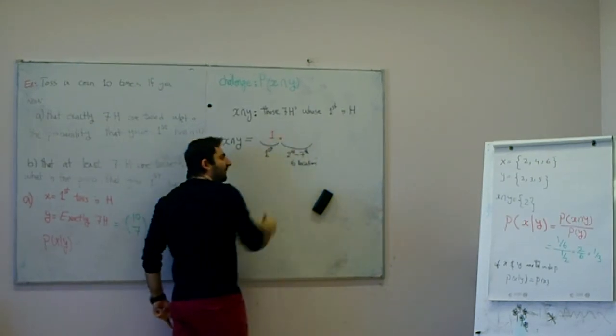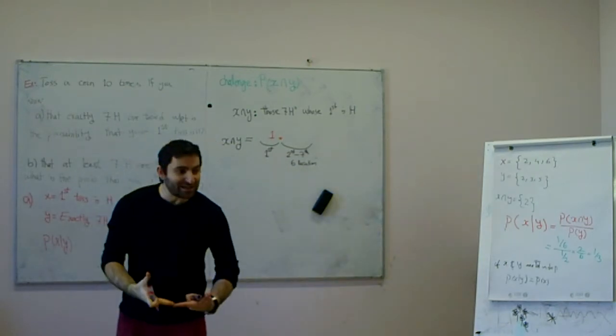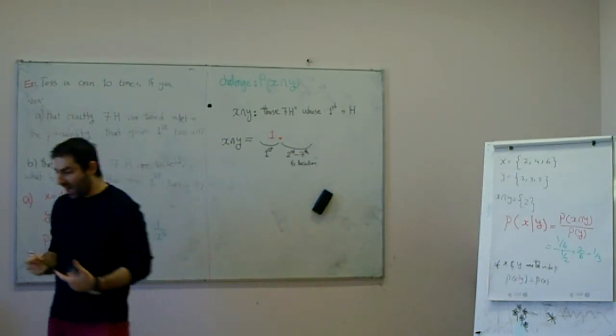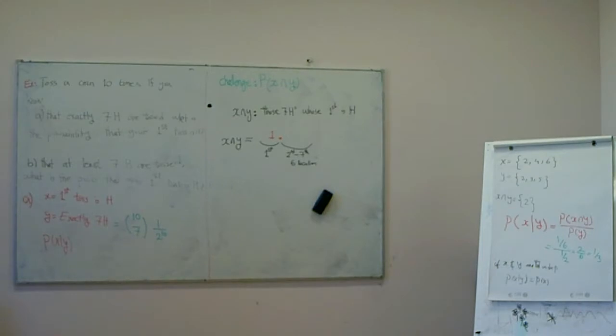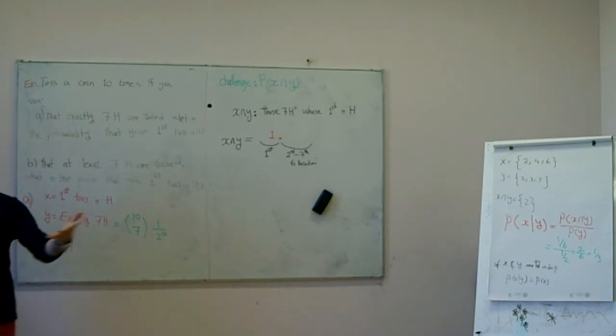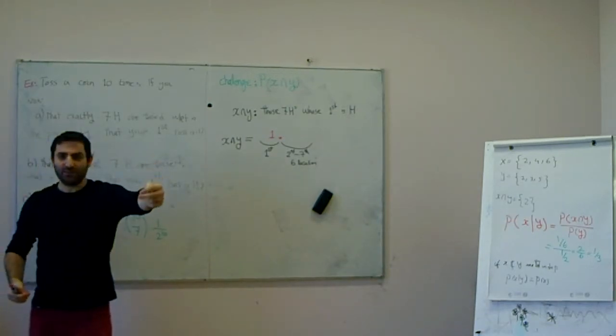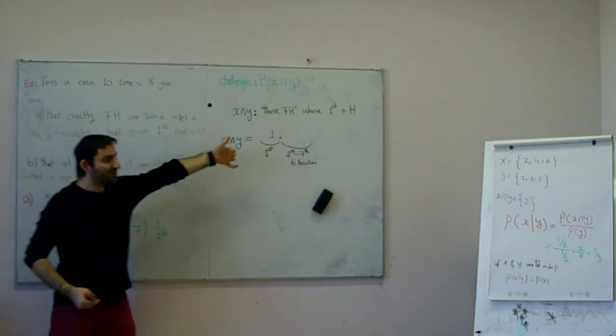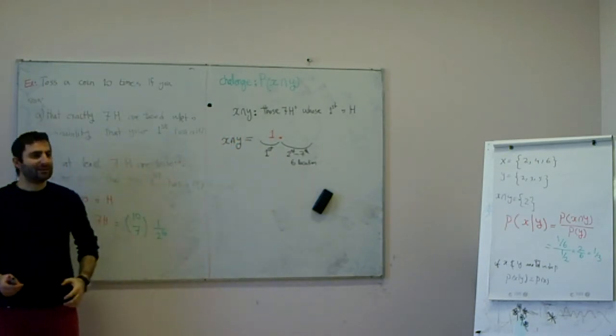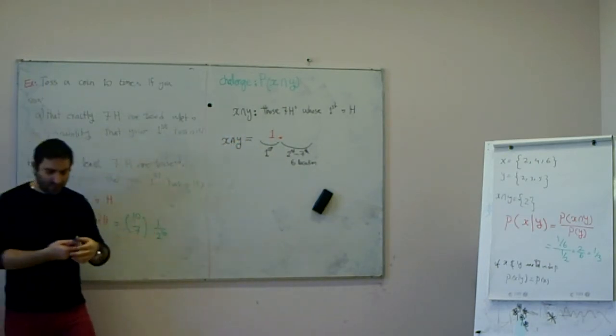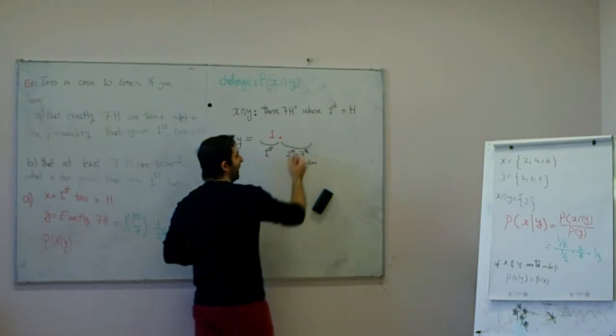Multiply by, now I have 6 choices. Out of how many? 9. Because I'm tossing it 10 times, right? The first one is already head, no choice. How many left? 9. And the 6th location I have to fill it.